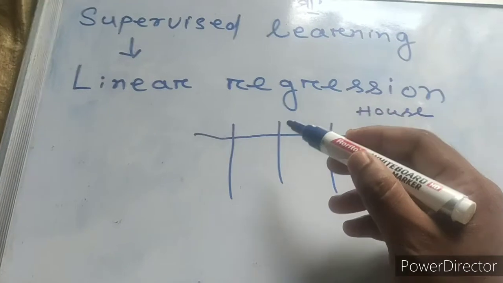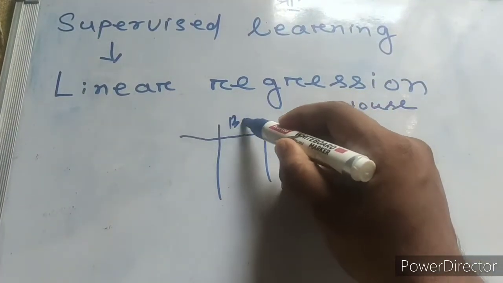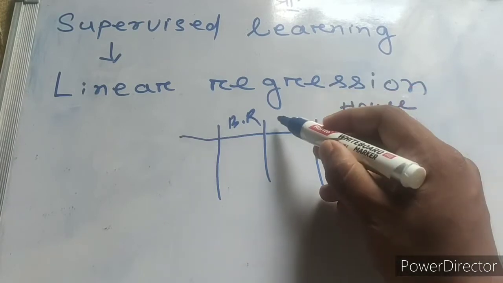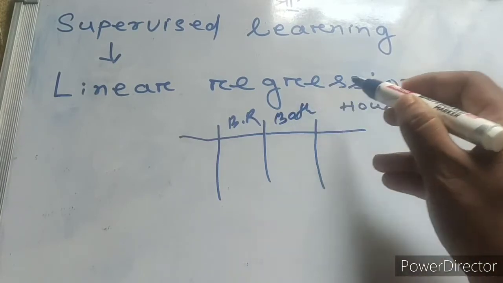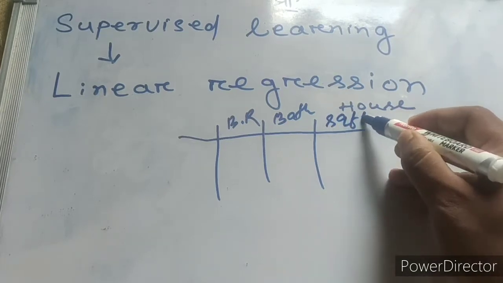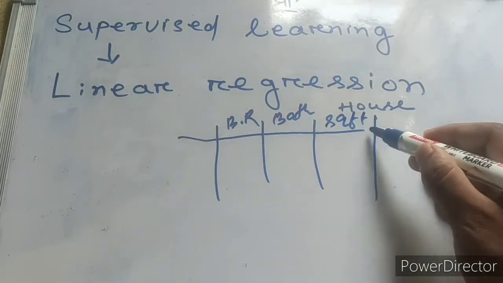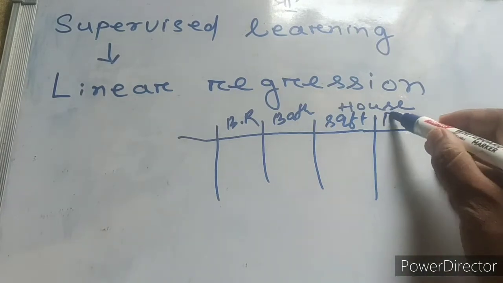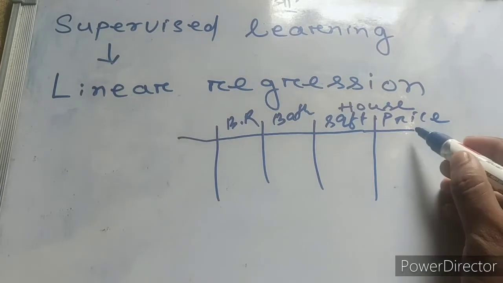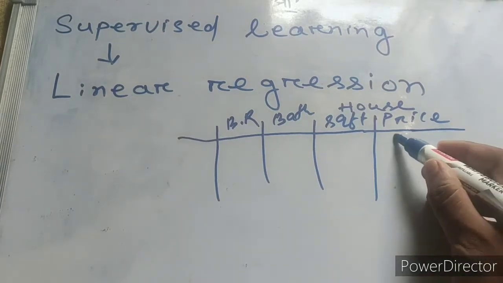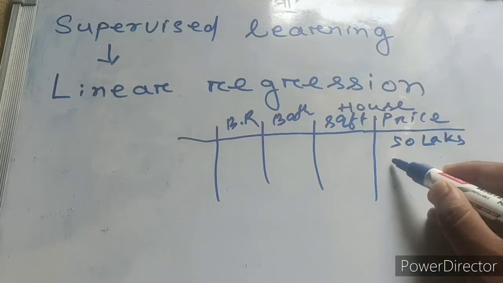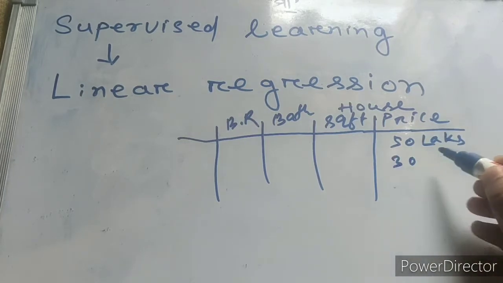Columns are like bedroom and bathroom. Third one is square foot. These are the columns. At the last, price. Suppose this price is 50 lakhs. For one more row, the price is 30 lakhs.